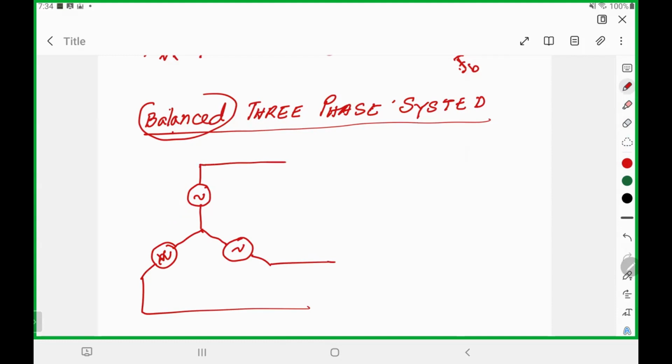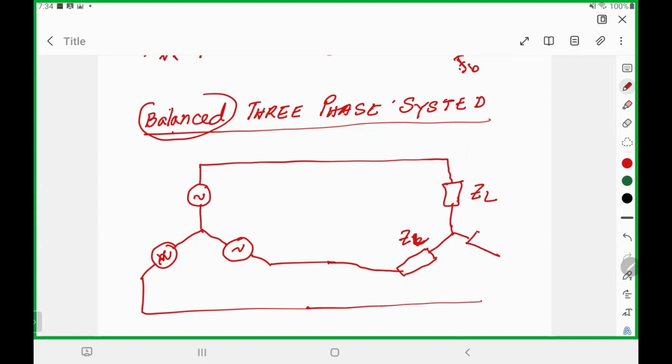So we can consider this one is connected with my load ZL, and we have another ZL, and another ZL. So all the three lines have the same impedance ZL. So that means for VA, we can have the connection of the neutral here. So this will be called balanced. When will I call this one balanced?